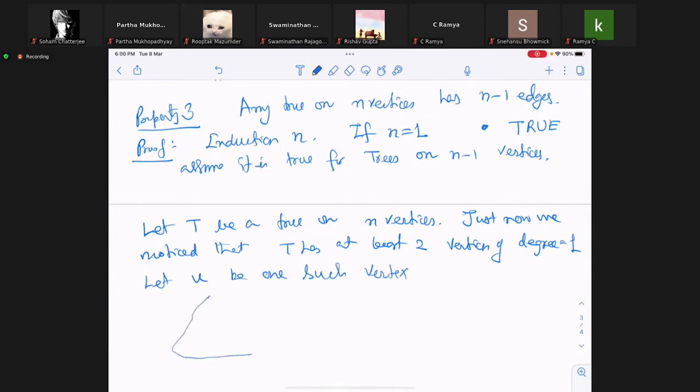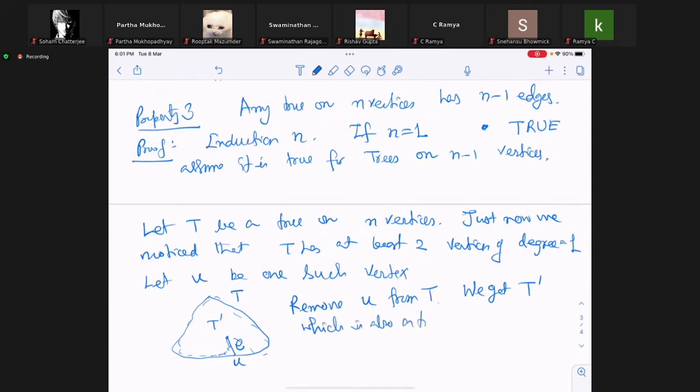So that means this is a tree, and this is the vertex U, and this is the edge that connects the vertex U. Right? Now remove U from T, we get T prime, which is also a tree on n minus 1 vertices.